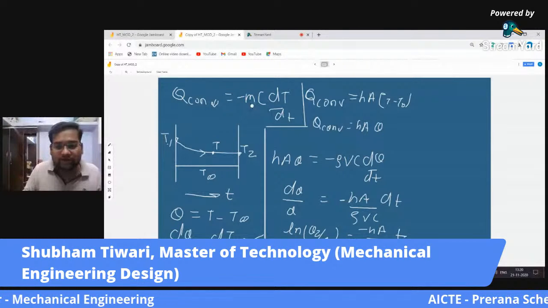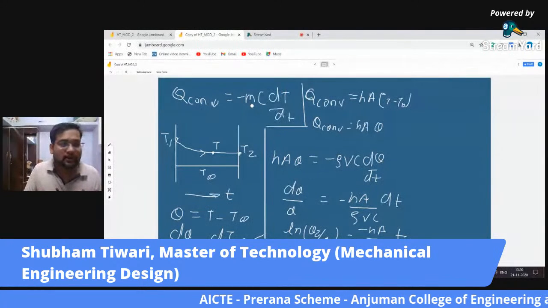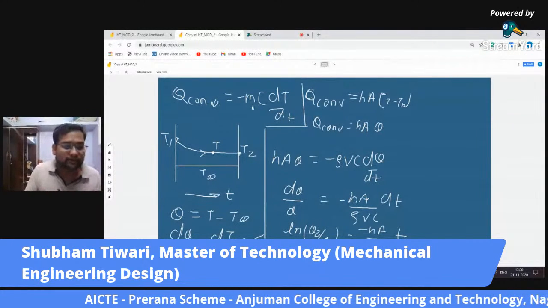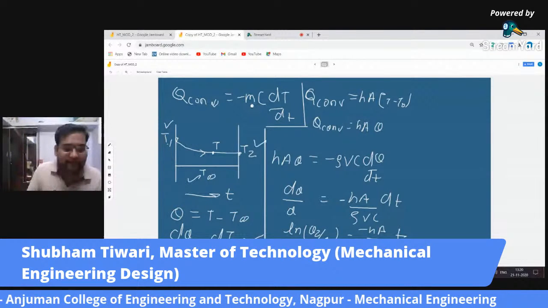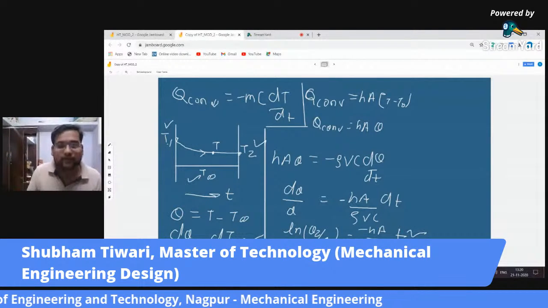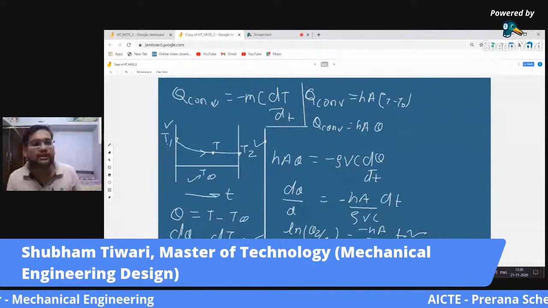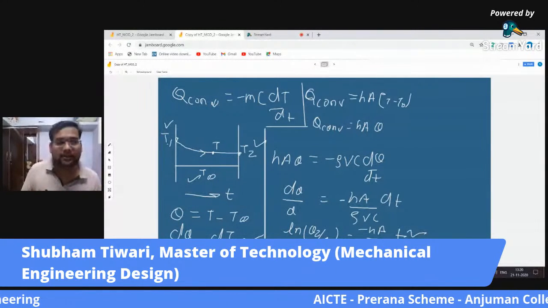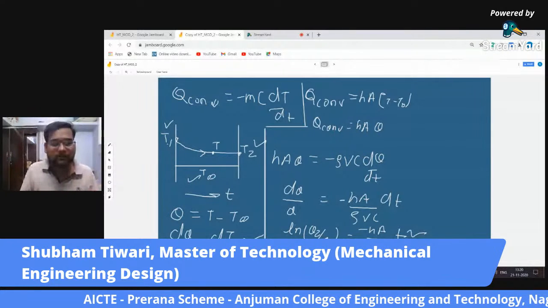While this is the constant value, this gives us the temperature difference between these 2 points. So if we know T1, we know T infinity, we can find T2 if we have the time t and other constant values which will be given in the problem. So this is a very important derivation here. If someone is not getting it, one should watch it again and again to understand it.